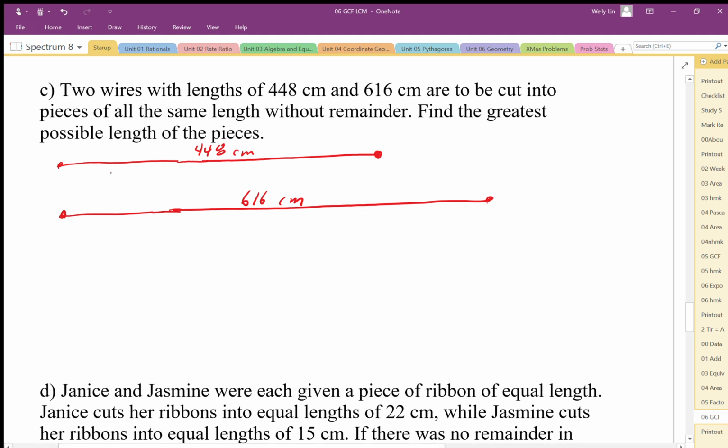Well, it looks like I need to break this up into pieces, so we're talking about factors here, right? We're not growing these numbers, we're breaking them into groups. So my 616, when I factor that with a little factor tree, I get 308, 154, 77, 7 and 11.